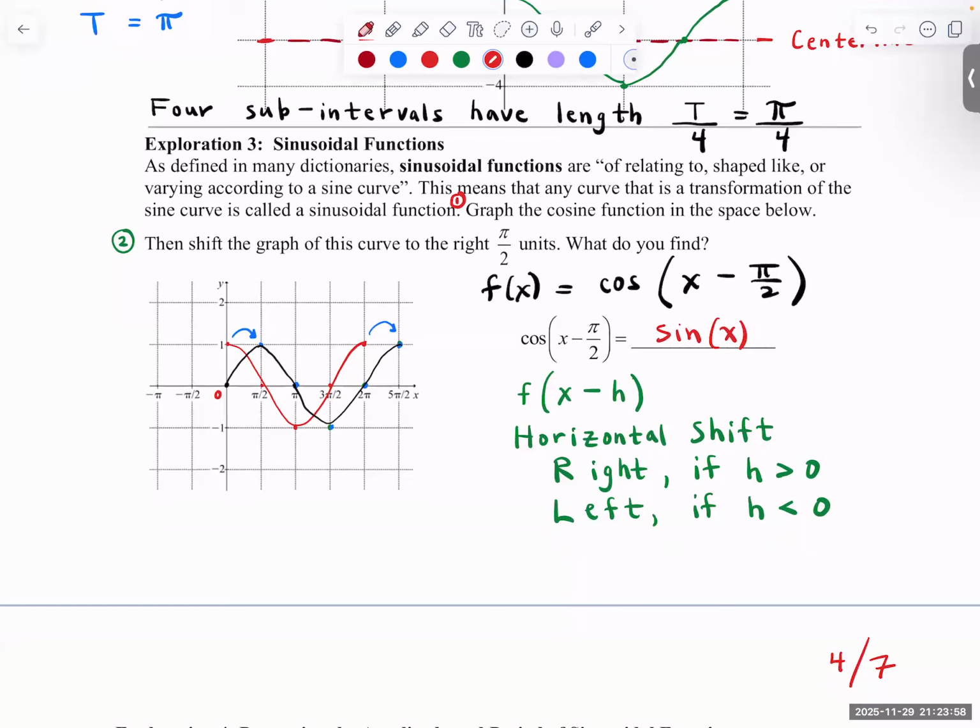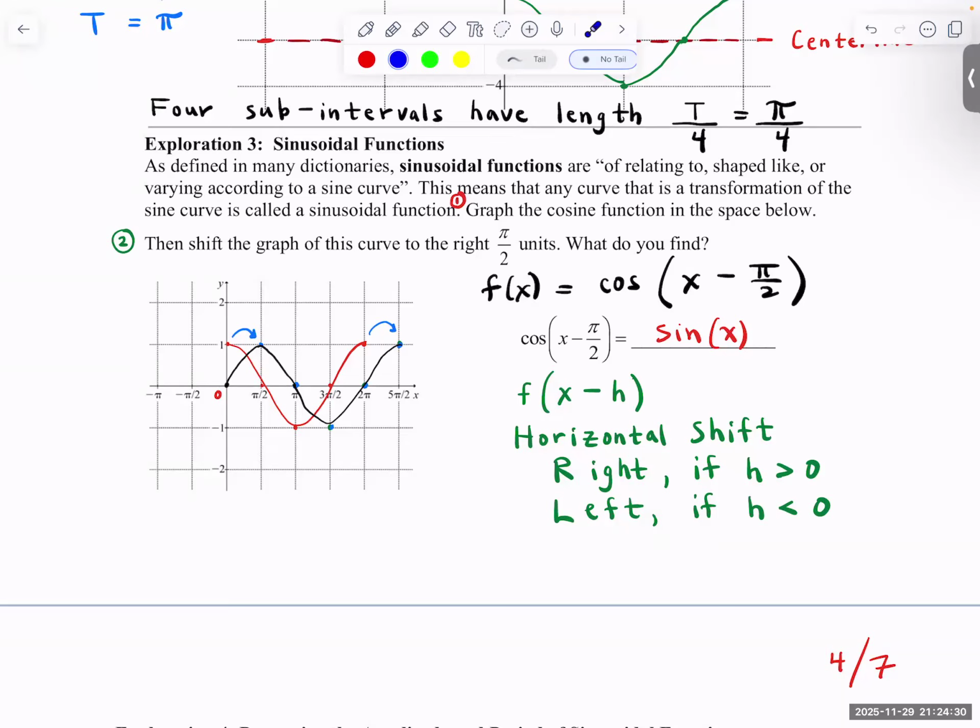Now, this relates to earlier study of horizontal shifting, where if you have a basic function f of x and you transform the argument to x subtract a positive number, pi over 2 being the positive number, and pi over 2 is small h, then the basic graph will horizontally shift to the right if small h is a positive value.